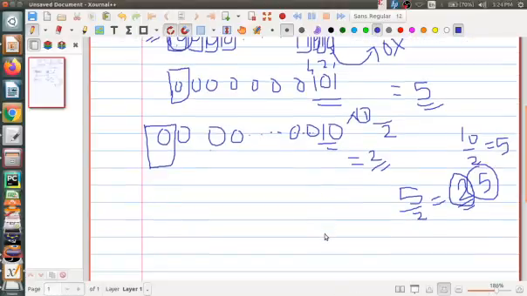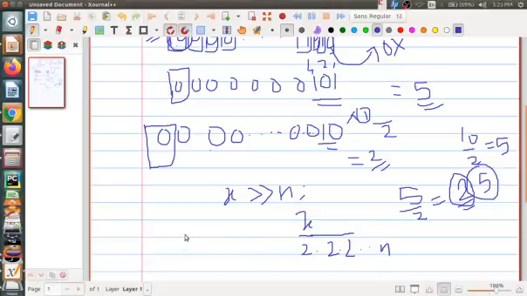Now we can generalize this. If I am right shifting x, n times, what do we mean by n times? x divided by 2 one time, then once again divided by 2, and so on till n times.